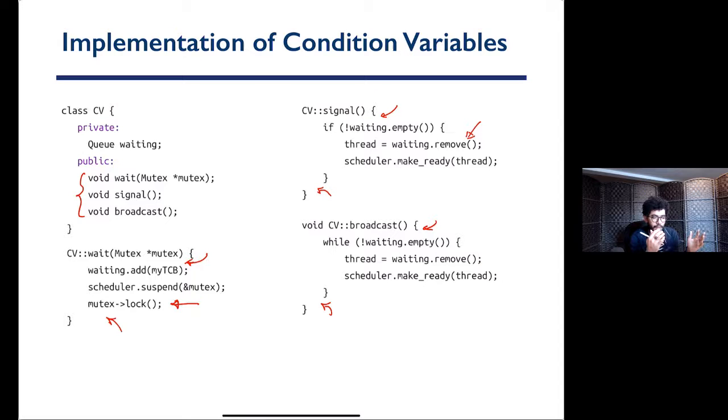When wait, signal, and broadcast are called, we're sure that no other thread is going to call them, because the one who is calling already has locked the mutex. That's why, if you remember in the concurrency lectures, I was telling you to never call these functions without holding the lock, without locking the mutex.